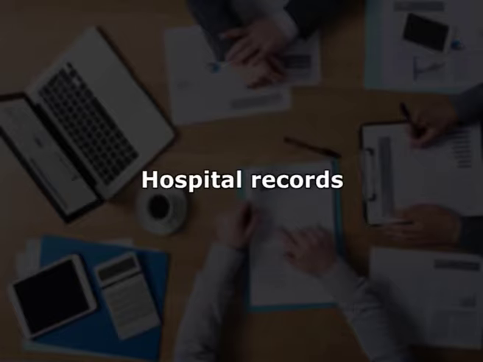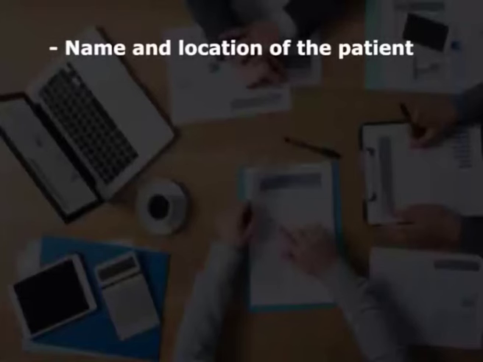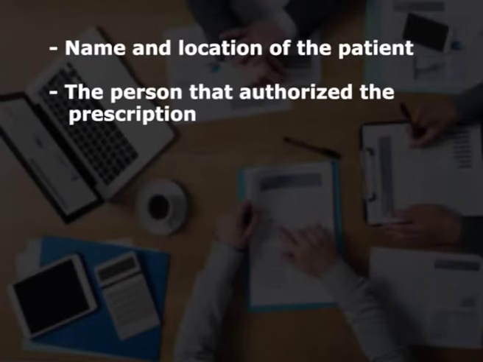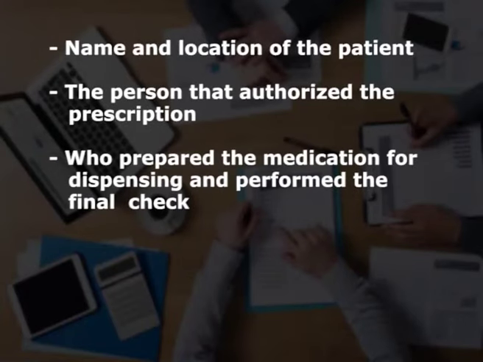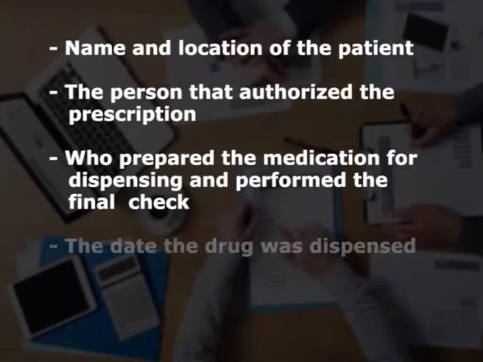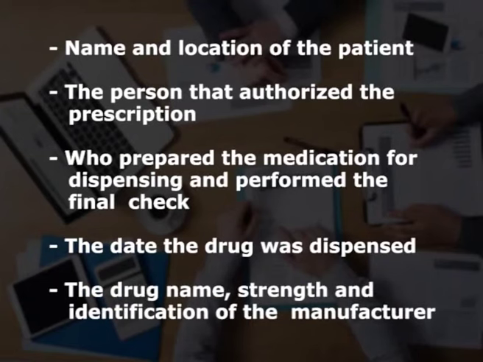Hospital records. The prescription record for a drug prescribed to an inpatient in a hospital under the Health Services Insurance Act must show the name and location of the patient, the person that authorized the prescription, who prepared the medication for dispensing and performed the final check, the date the drug was dispensed, and the drug name, strength, and identification of the manufacturer.